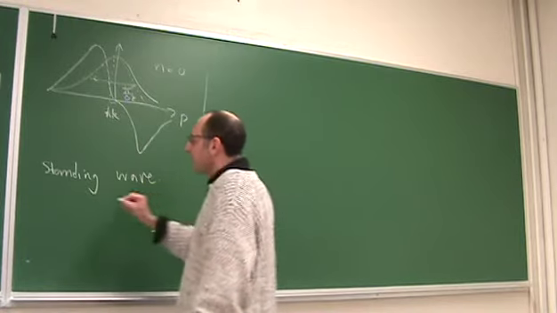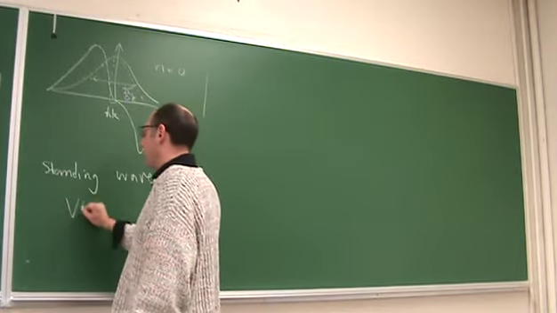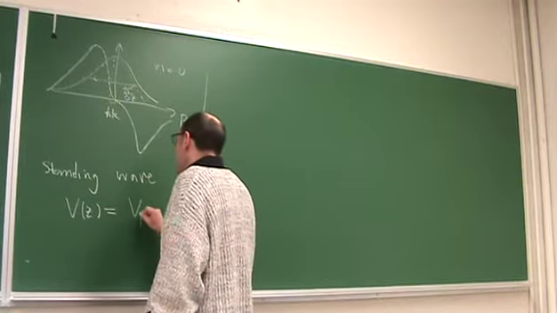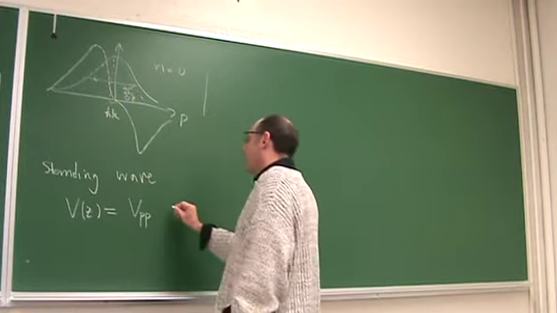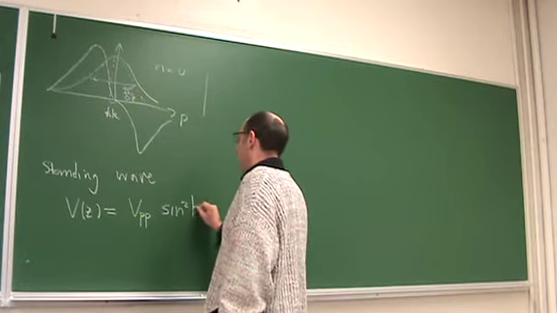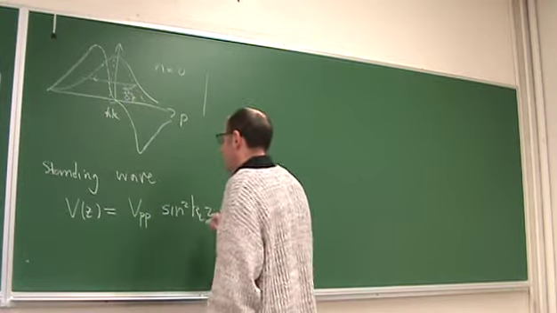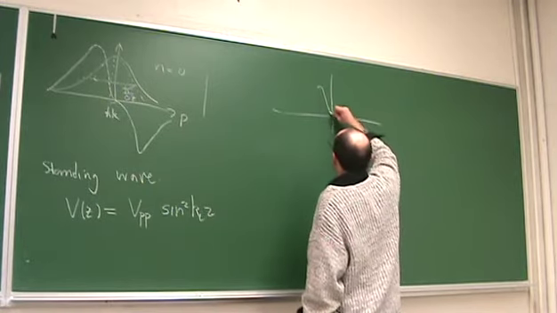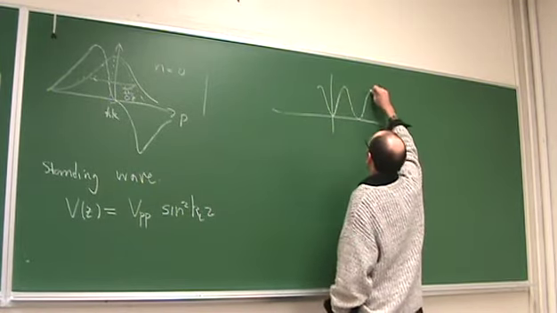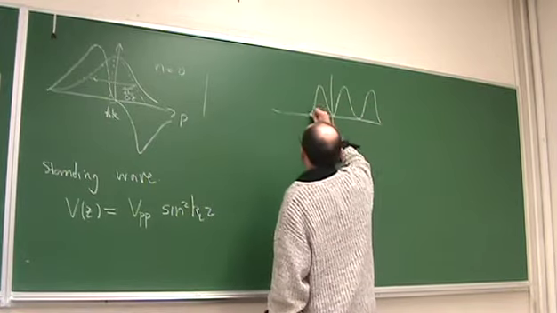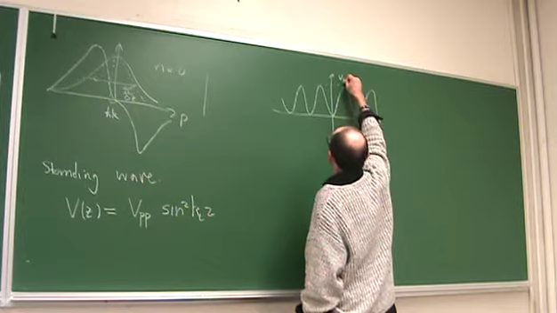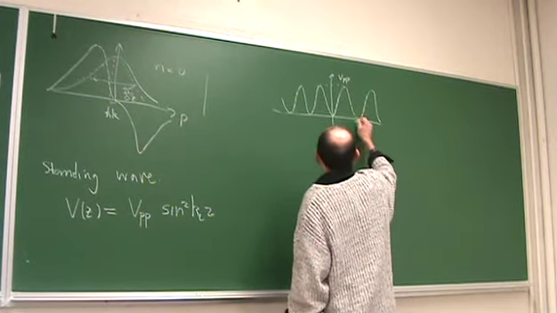amplitude. Let me define that the optical potential, say along the z direction, has some peak-to-peak depth times sine squared kz. So this potential is a standing wave, and has some peak-to-peak height.